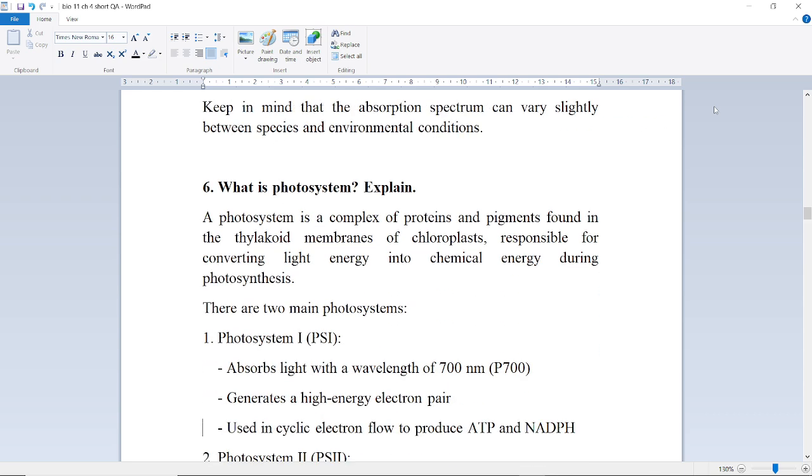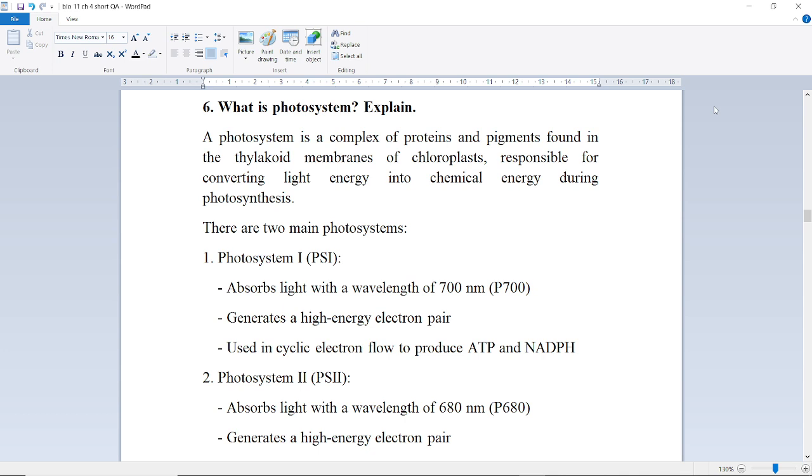Next question is, what is photosystem? Explain. A photosystem is a complex of proteins and pigments found in the thylakoid membranes of chloroplasts, responsible for converting light energy into chemical energy during photosynthesis. There are two main photosystems. Photosystem 1 absorbs light with a wavelength of 700 nanometer.